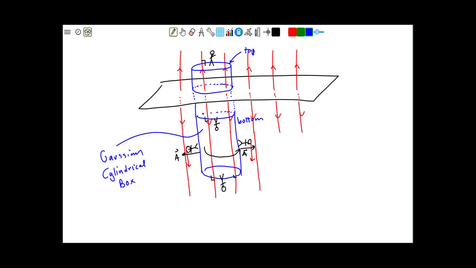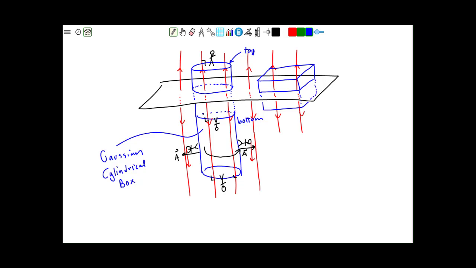Now, you might be wondering, well, why didn't you choose a rectangular box? Well, let's take a look here. So let's draw one. I have to draw more things, so that takes a little bit of time. That's not the real reason, though.